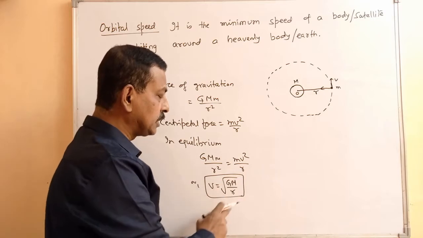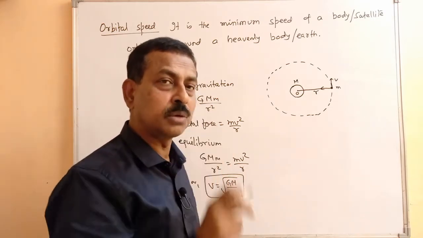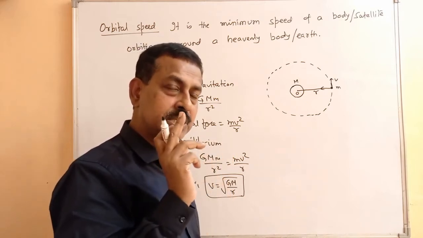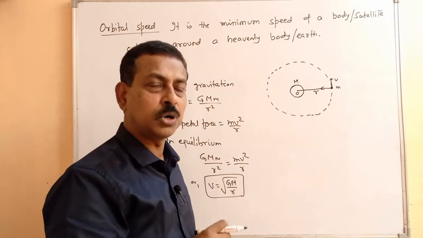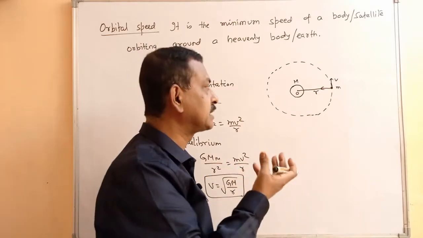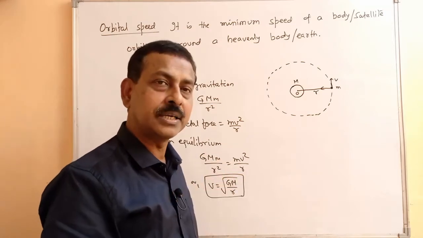Remember, in this expression there is no term of mass of the body which is orbiting. So that means this is independent of the mass of the body orbiting around the given heavenly body, or if we take satellites, then it will be independent of the mass of the satellite.